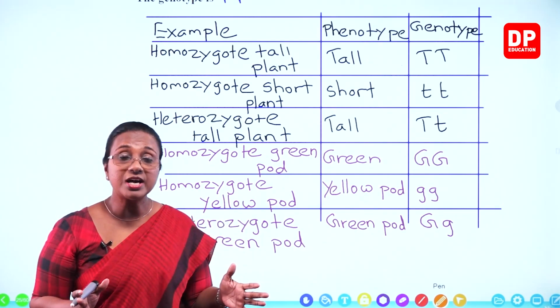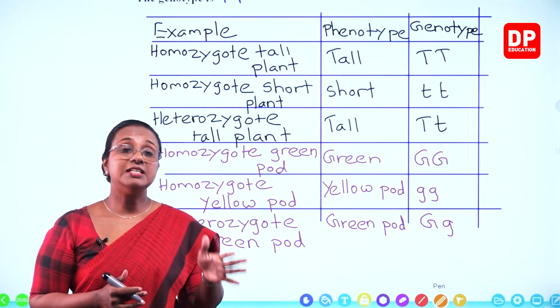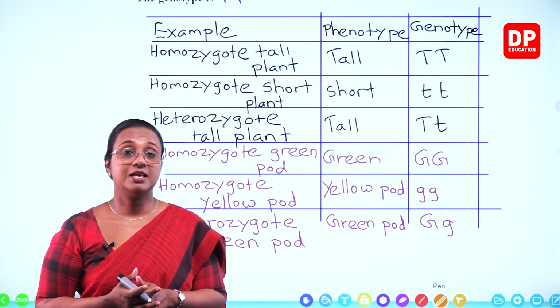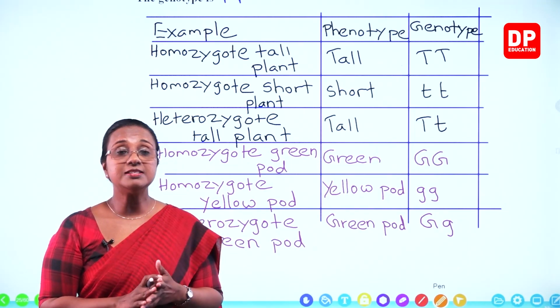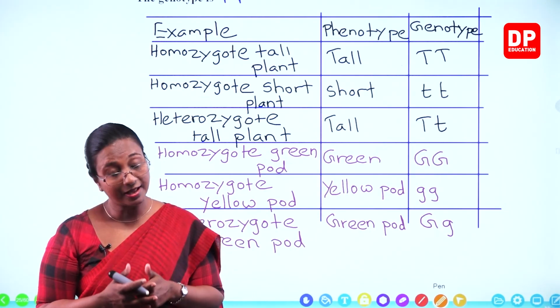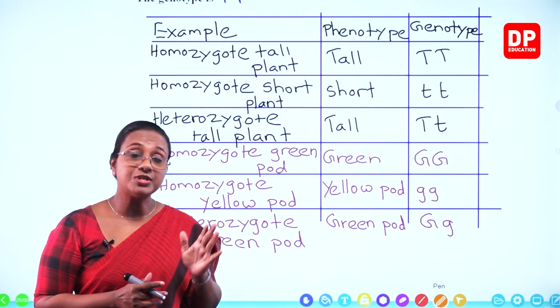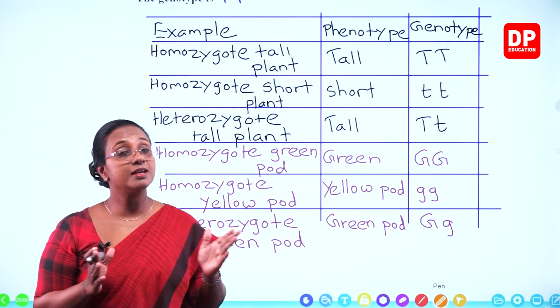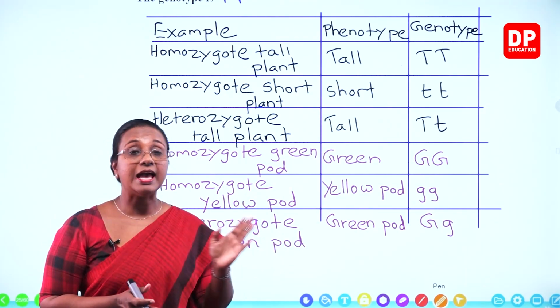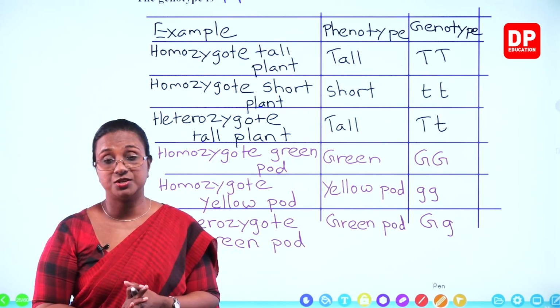If it is homozygous, both the genes are similar for a particular characteristic. If it is heterozygous, the genes are not similar for a particular characteristic.